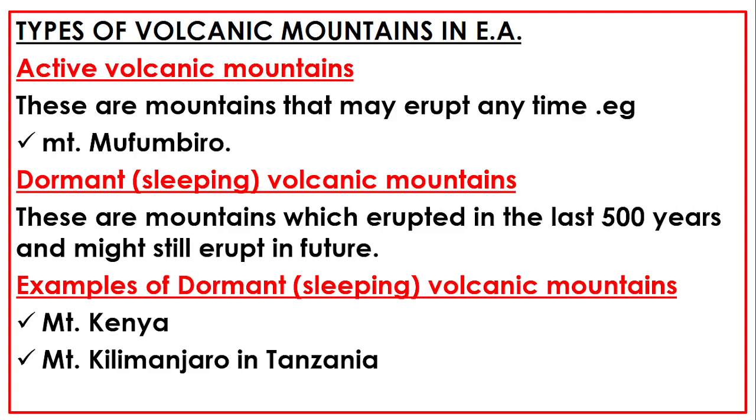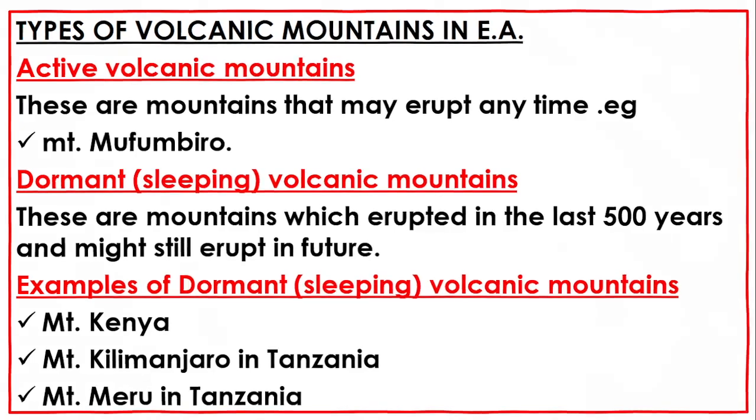It is located in Tanzania, and it is a dormant volcanic mountain. Then we have Mountain Meru, also located in Tanzania. Those are some examples of the dormant volcanoes we have in East Africa.